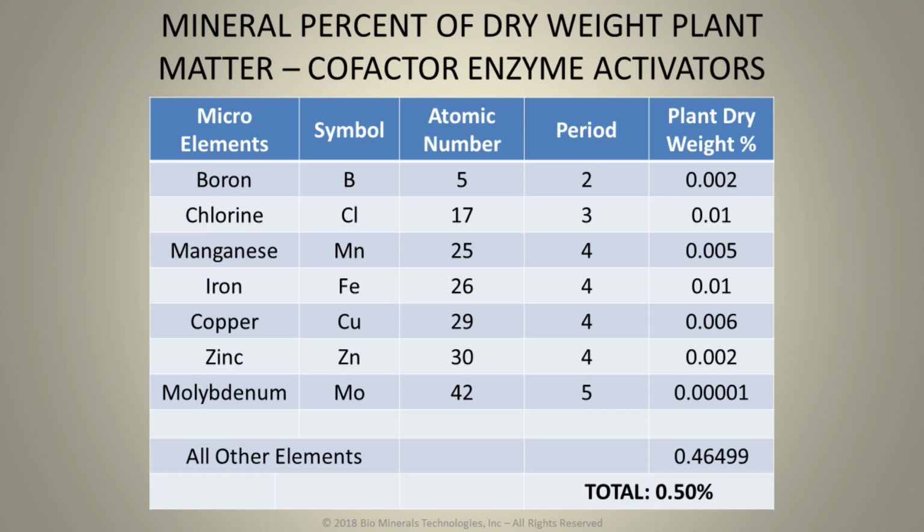These are enzyme activators for not only microbes and insects, but plants, animals, and mankind. Enzymes require trace elements to activate and function. And so it's that broad spectrum group of nearly 70 or so trace elements that now act as enzyme activators.